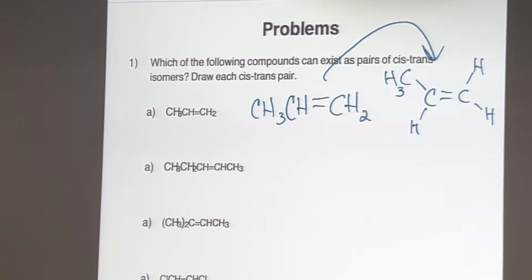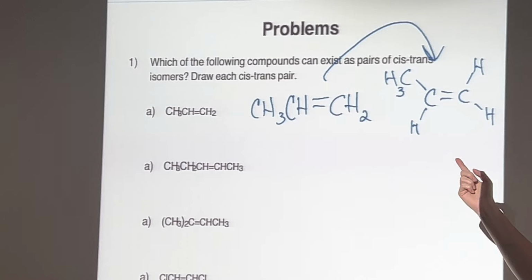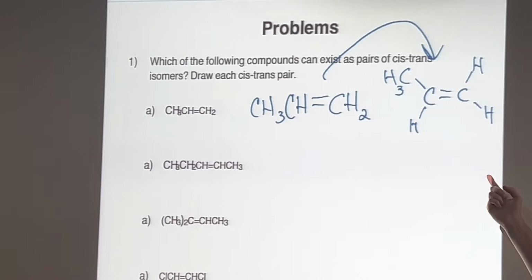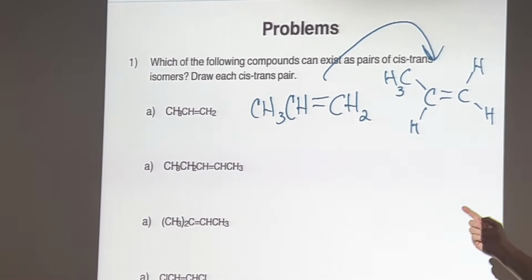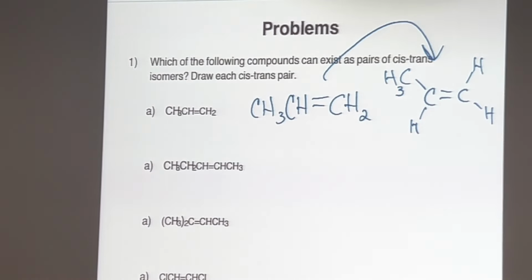No, there's no cis trans isomers here. This is just propene. You can call it 1-propene if you want, but it doesn't matter where you put the double bond because either side, you're gonna number it so that it's 1-propene. Does that make sense, folks? Okay, so the first one, we've got a no on that one.